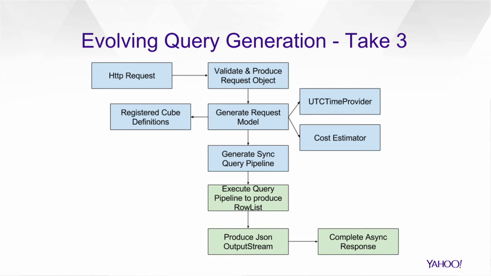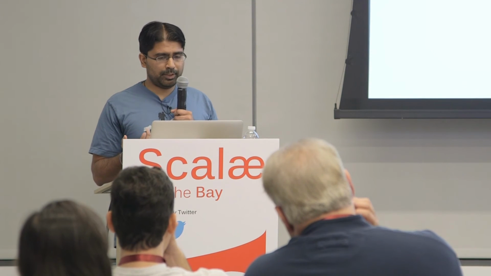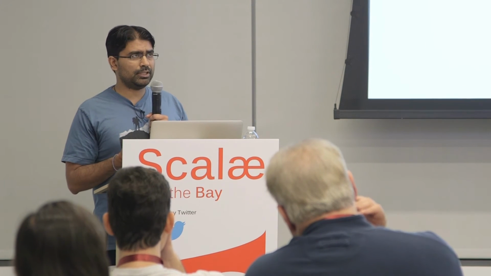The request model itself is generated by inspecting the registered cube definitions and looking at the time providers. Maybe our partitioning scheme requires us to do time zone conversions. Maybe not all of our users are in the same time zone, right? So we can get that information from a pluggable time zone provider or a time provider. And we can also get the cost estimates for the tables that we're interested in.